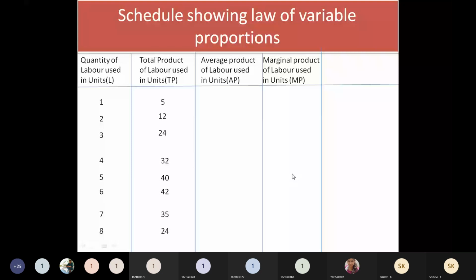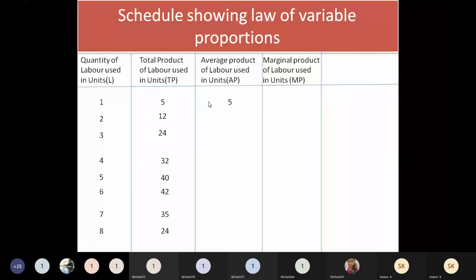So to find out the average production, the formula that we are going to use is total production divided by quantity of labors, how many labors you are using. For the first, when it is one labor, 5 by 1, 5 average. So one person is producing 5 products.